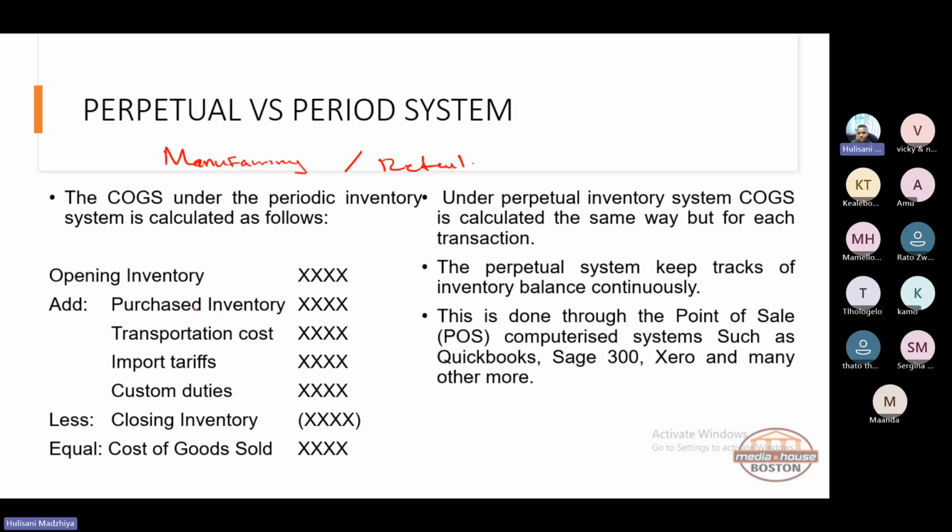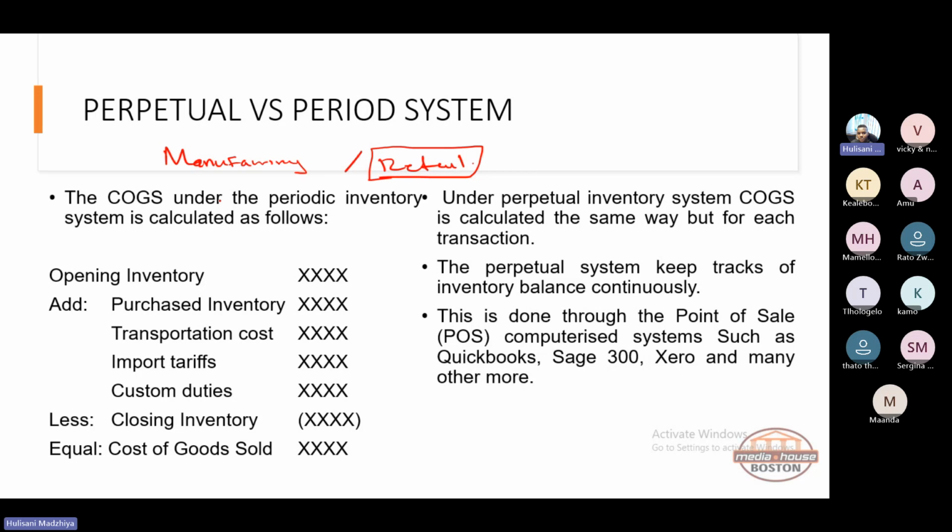Here we'll be focusing on retail, sorry, not manufacturing, it's retail. I just thought it was going to be manufacturing. So it's going to be retail, the same as a media company that buys product and sells product without modifying them, or just modifying them here and there. So we'll be taking a look at retail.